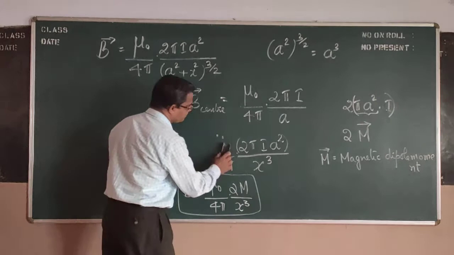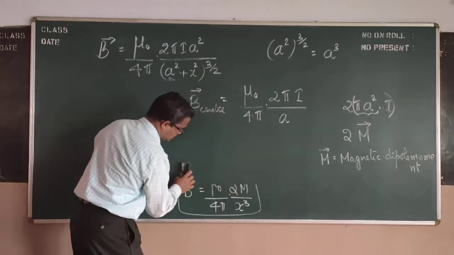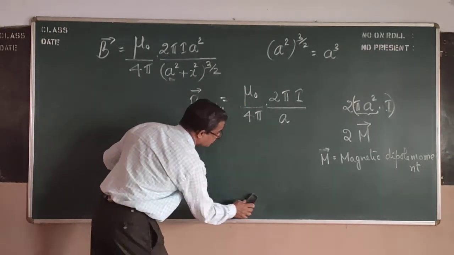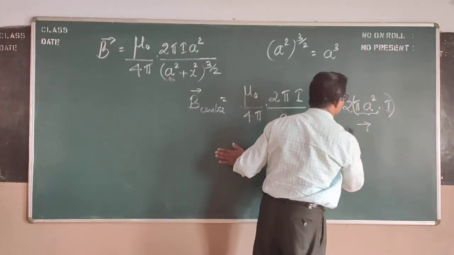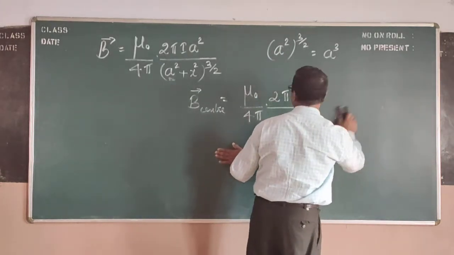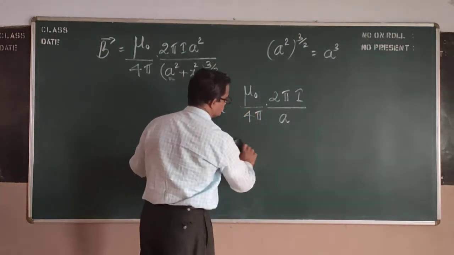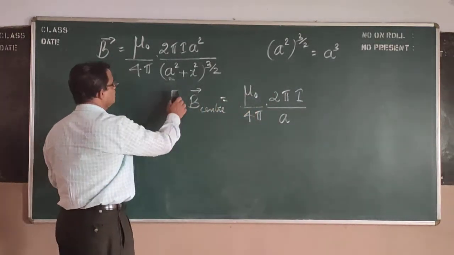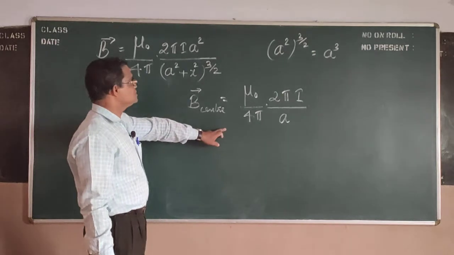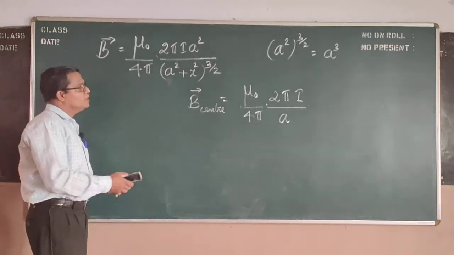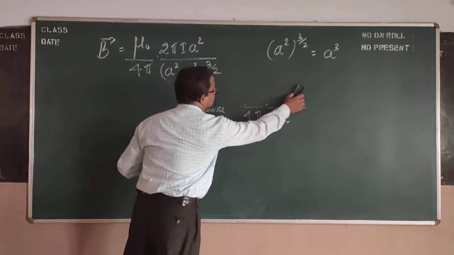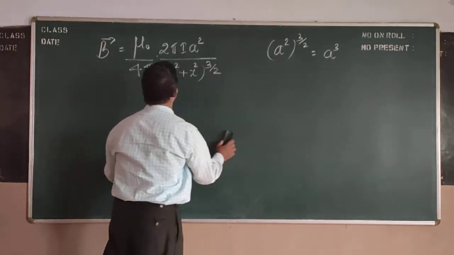Let's see. So we got B at the center is this one, and this is the B at distance x. Now, how to relate these two? Let us see.